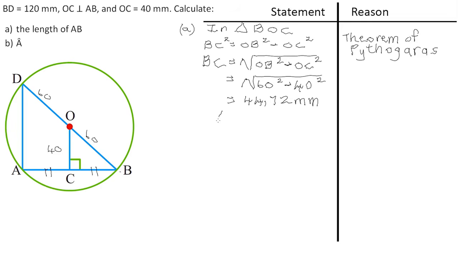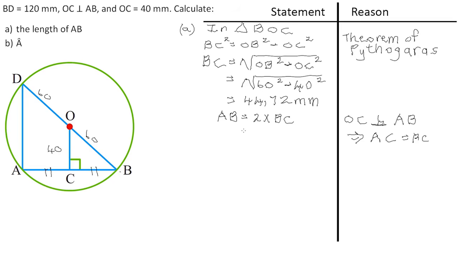AB will be equal to 2 times BC. What's the reason why it's 2 times? Because it is given that OC is perpendicular to AB, and that implies that AC is equal to BC.